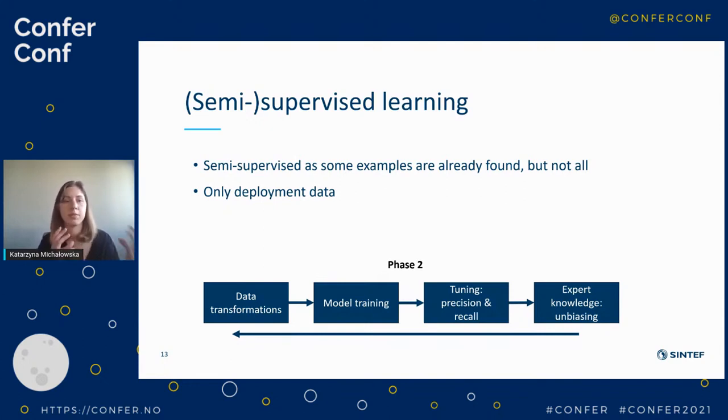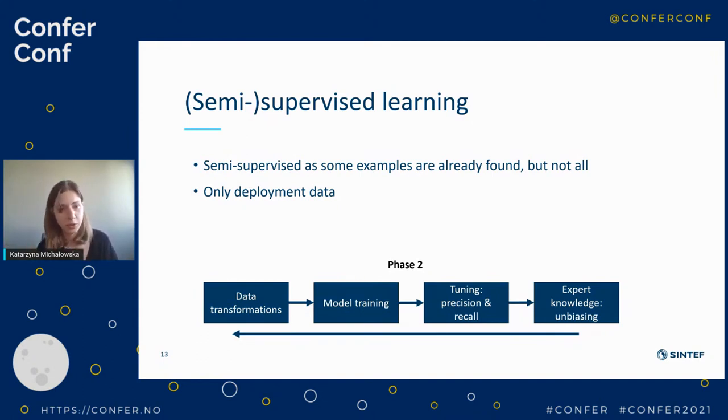So first, we applied some data transformations, and in this case, we only used these variables that would be available in the deployment. So we are already trying to make our final algorithm. We trained the model, and then how do we compare the models between each other? Or how do we tune such a model if we actually cannot use the actual supervised learning in it? We only have some proportion of the anomalies. So that was the third phase, which I will explain later, in which we tuned the algorithm.